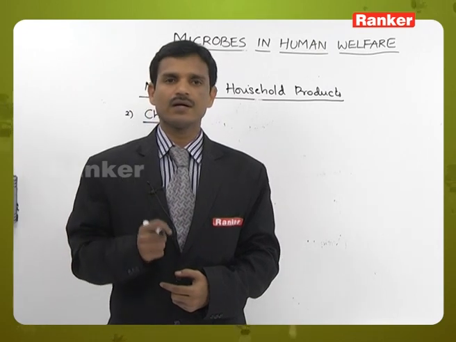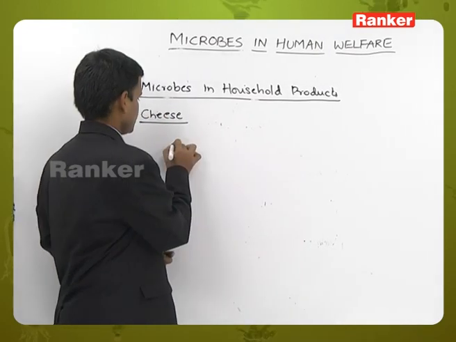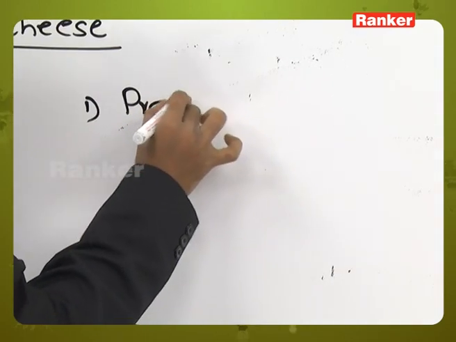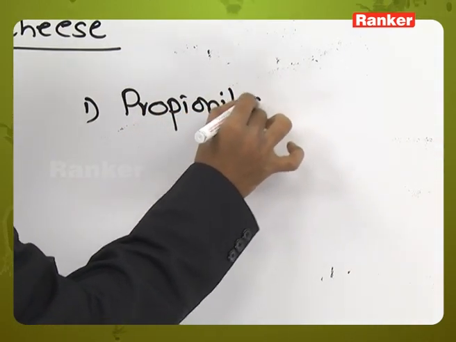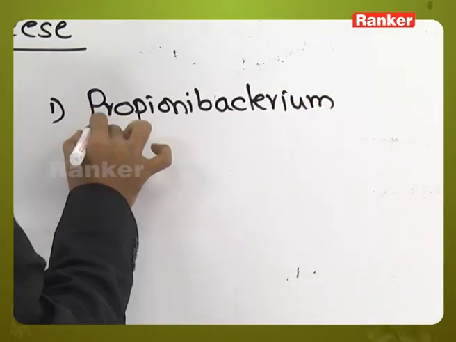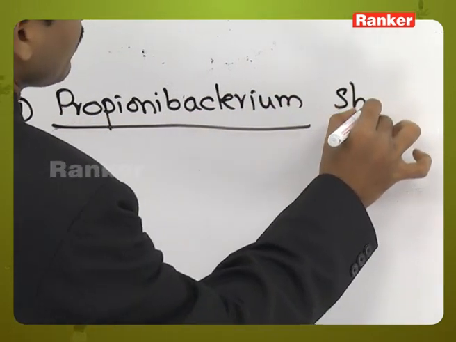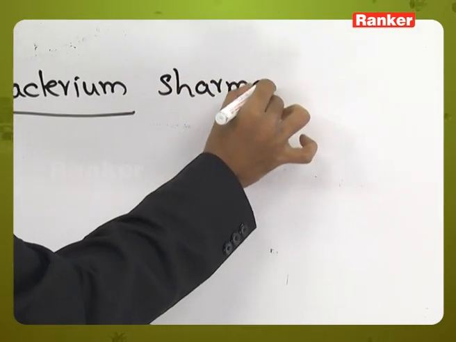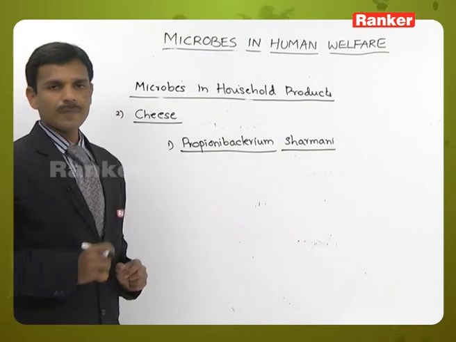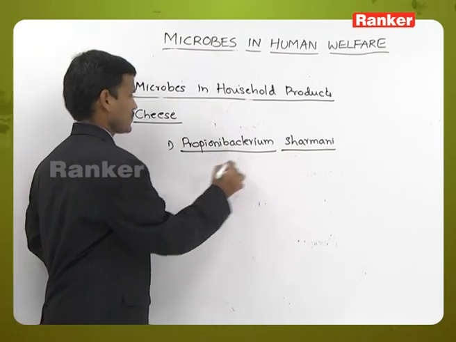These bacteria include Propionibacterium shermanii, which is involved in the ripening of Swiss cheese.